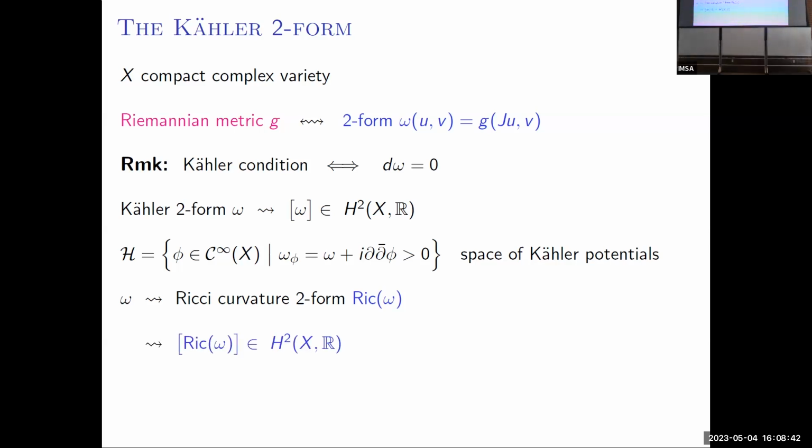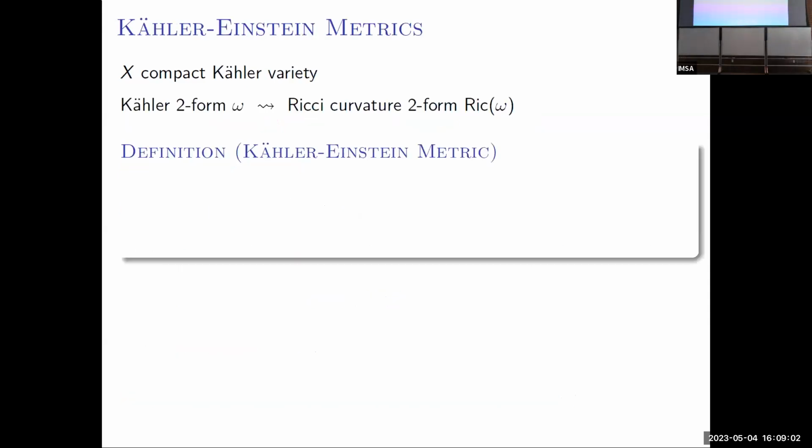And it turns out, this is a remarkable fact, that this class does not depend on the original Kähler metric. It is just the first Chern class of X, so this is independent of the Kähler form.